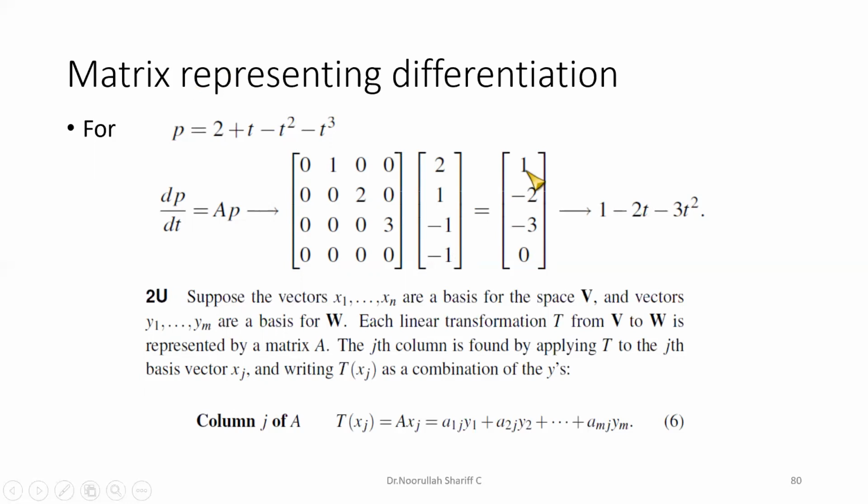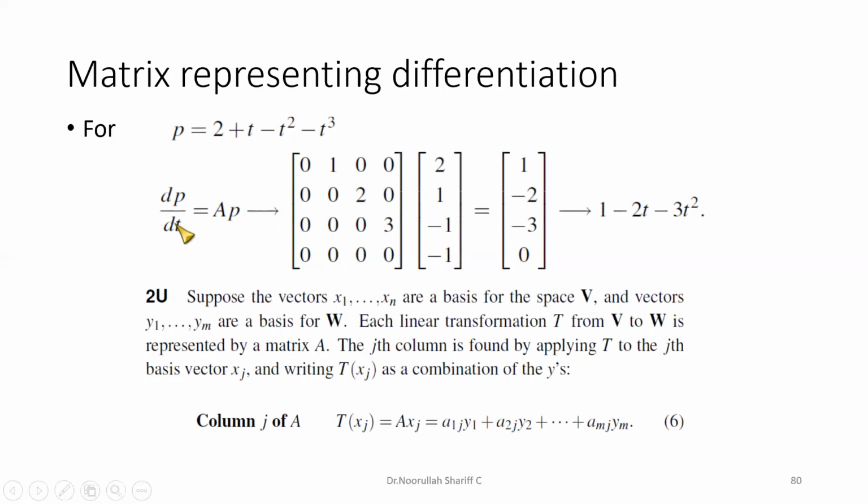That is constant 1, minus 2 as the coefficient of t, minus the coefficient of t square, and the coefficient of t cube is not there, so we write a 0. And to get this from this, you need to derive this value. So this is an exercise you can try to derive by the same method we followed in the earlier example.